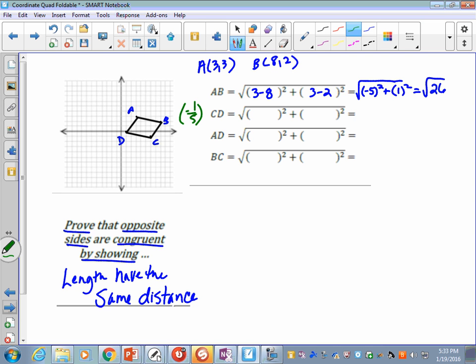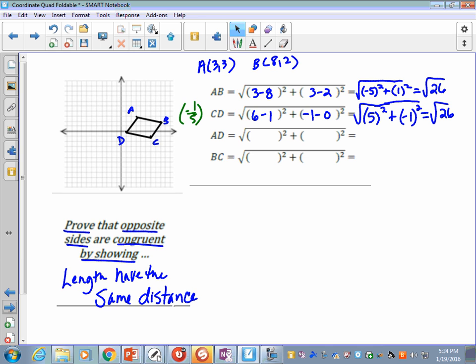So doing the distance formula with CD, I'm going to do (6 minus 1) squared plus (-1 minus 0) squared. Well, 6 minus 1 is 5 squared, and -1 minus 0 is -1 squared. Anytime we square a negative, it becomes a positive. So we basically have 25 plus 1, which is the square root of 26. Now the reason I showed you the slope 1/5 is because if you look, we have a 1 as a numerator.